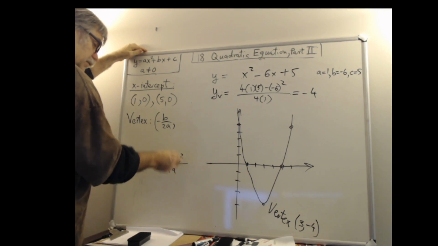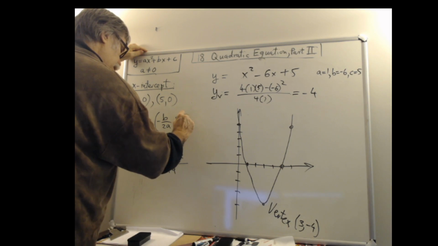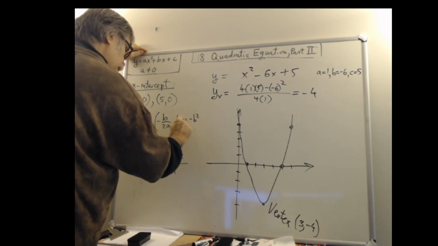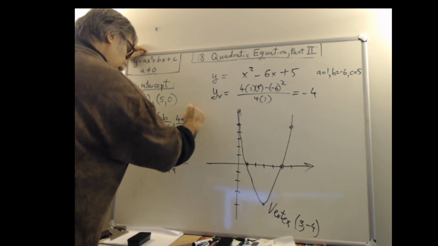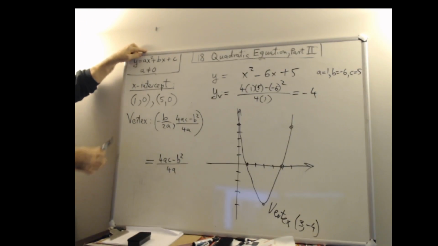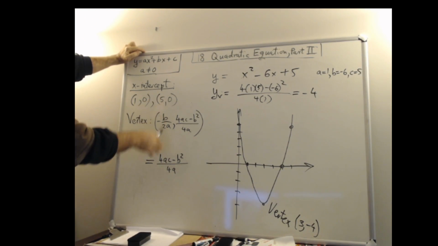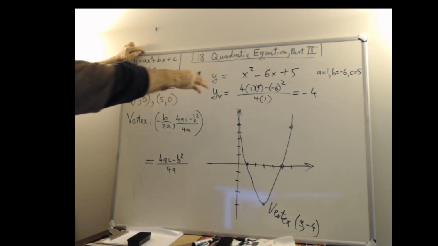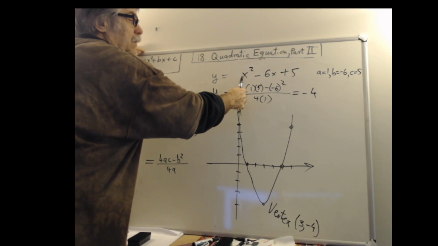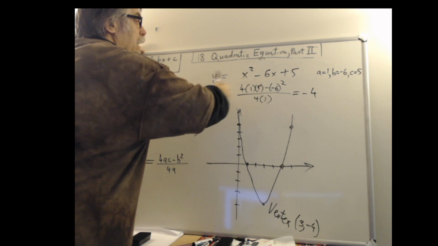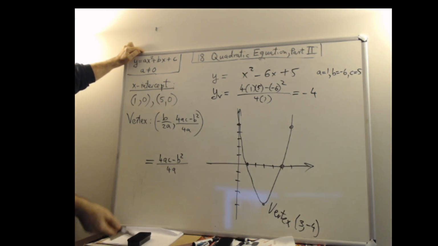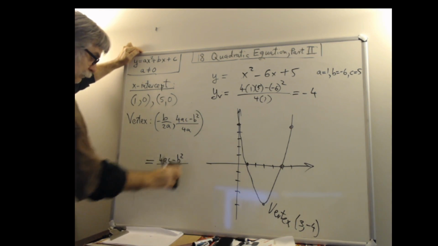And the second part is this piece here, 4ac minus b squared over 4a. But again, you really don't need to remember this. You just need to remember the first part, because once you find the x of the vertex, you just plug it into the equation. 3 is the x of the vertex, and you get this negative 4, which is much easier than trying to remember this formula.